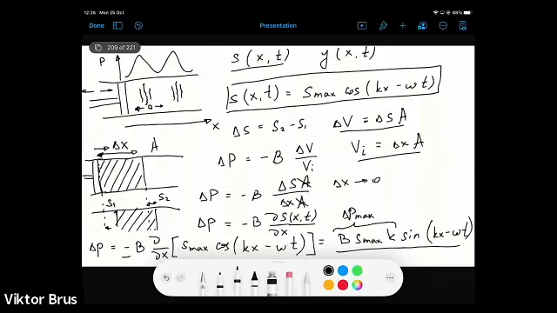Here, I would like to draw your attention to the fact that we have here cosinus and here sinus. Means that the change in pressure and displacement of the elements of the gas when there is some sound wave inside the cylinder will be phase shifted by 90 degrees.